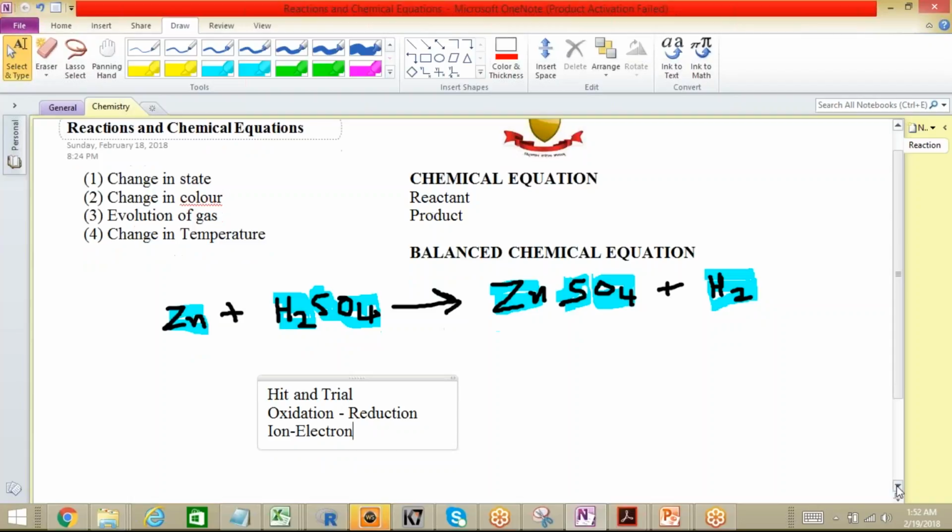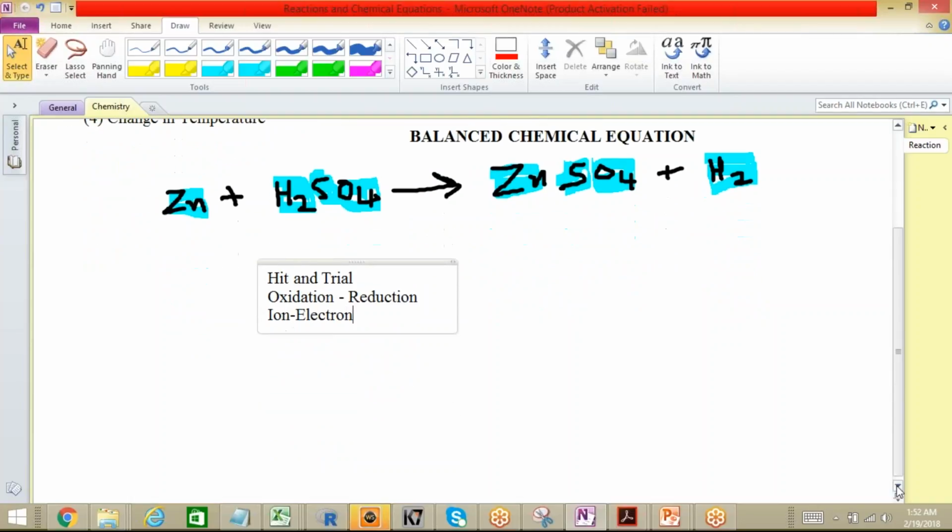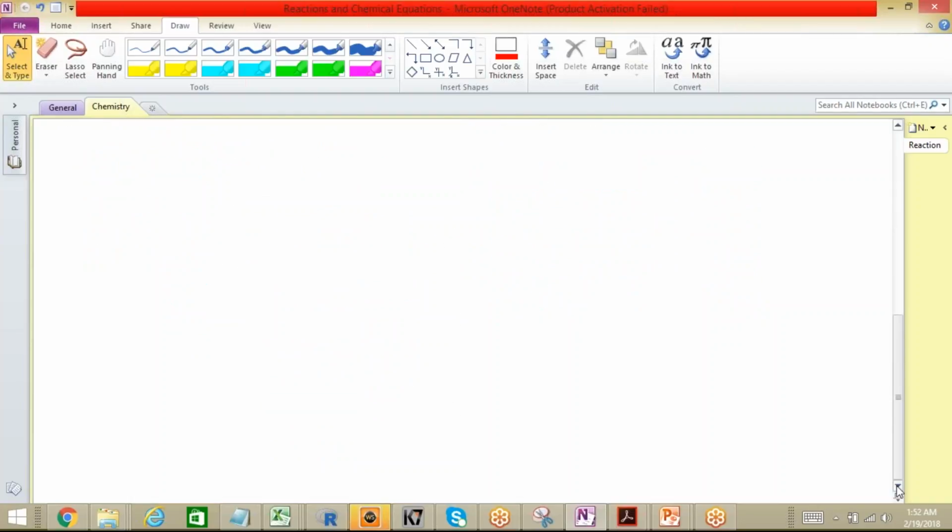Let's take a few examples so that if you remember them, or just learn the concept, you will be able to balance any kind of equation. Before attempting any equation for balancing, just remember a small concept.